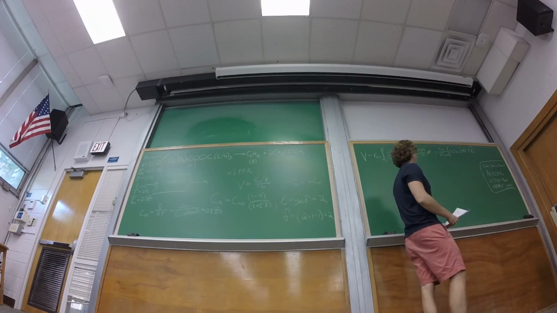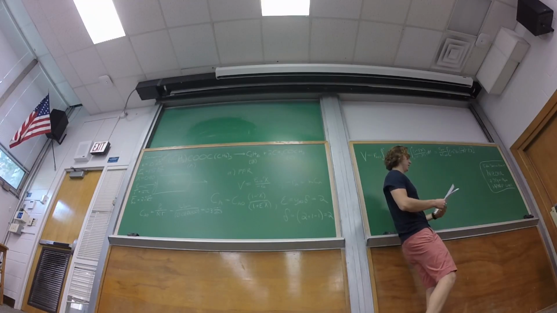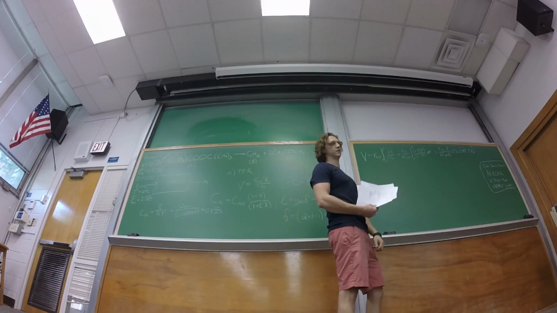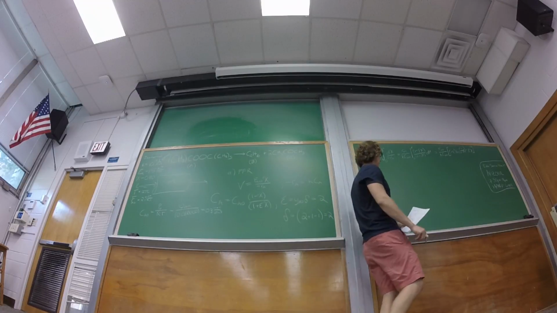So that's equal to the result. You know your conversion because it tells you 90%. You know your epsilon, you know your C_A0, you know your F_A0. k you have to solve for. You know a k at 50 degrees Celsius, so now you just adjust it for 127 degrees.